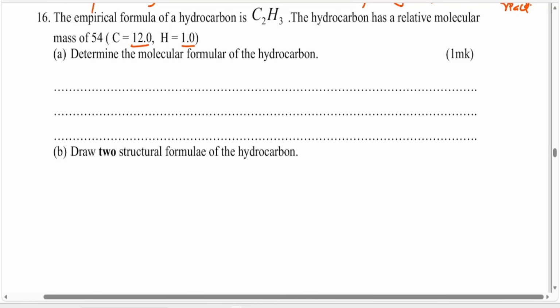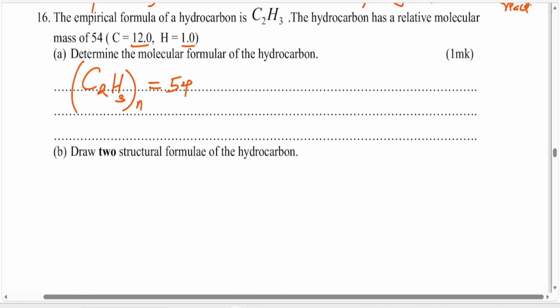So in this case, when we are given the relative molecular mass, we can easily determine the molecular formula using (C2H3)n equals the relative molecular mass.